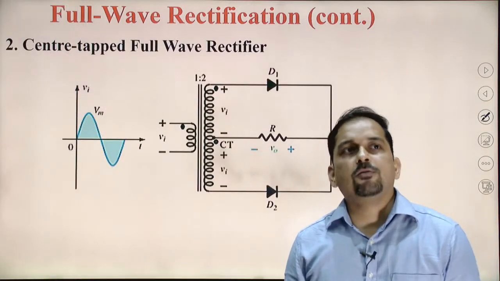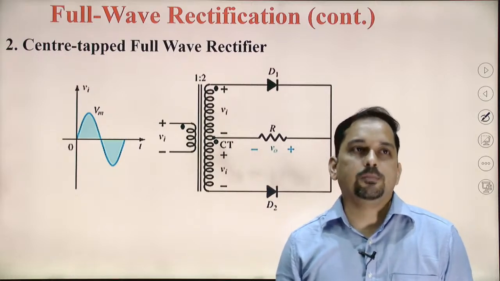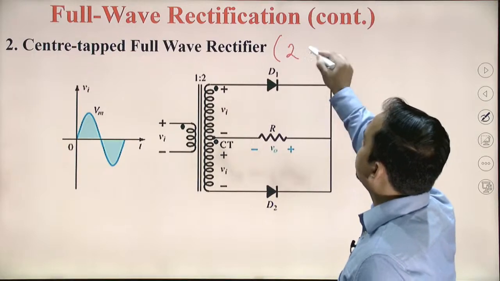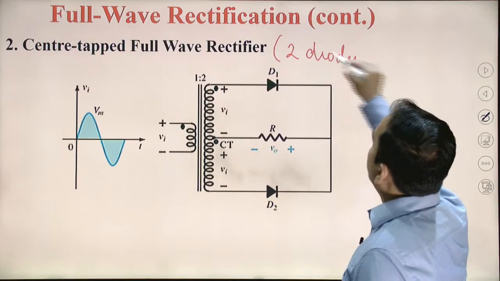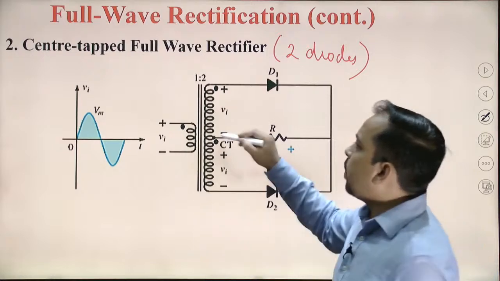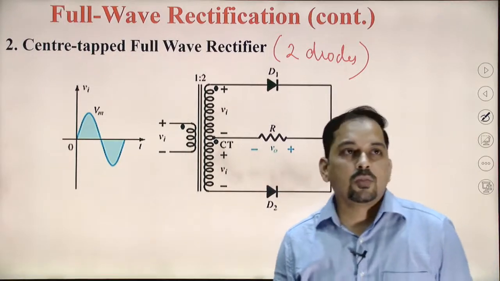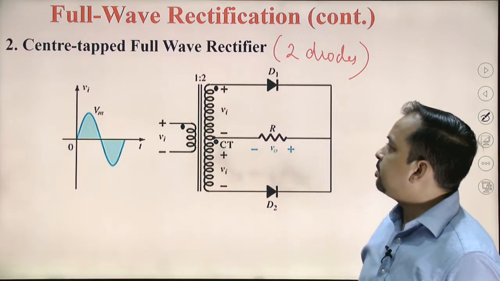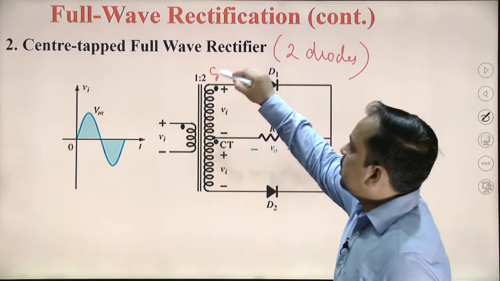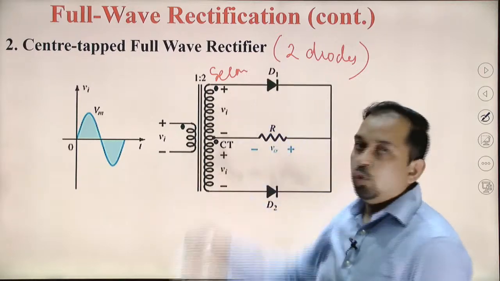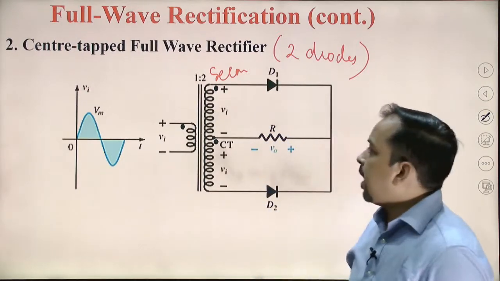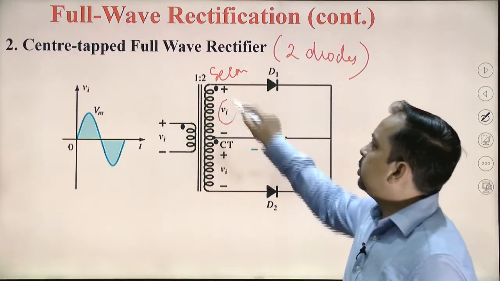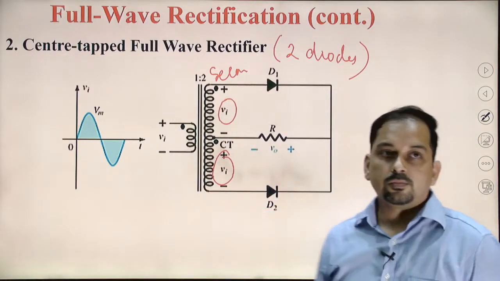Now we will see the other type of full wave rectifier, which is known as center tap. The center tap full wave rectifier utilizes only two diodes, but it requires a special type of transformer known as the center tap transformer. Basically, in the center tap transformer the secondary side is split into two parts. Whenever we apply input voltage at this particular end, the same voltage will be induced at the secondary side.